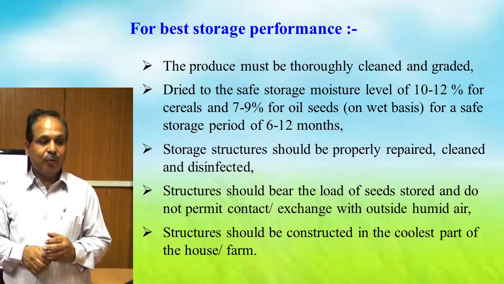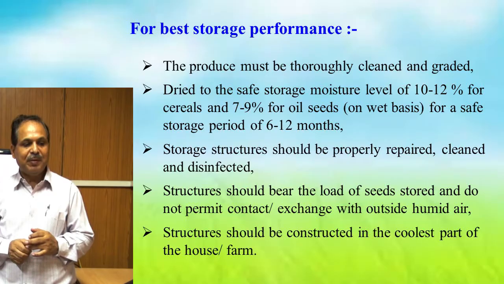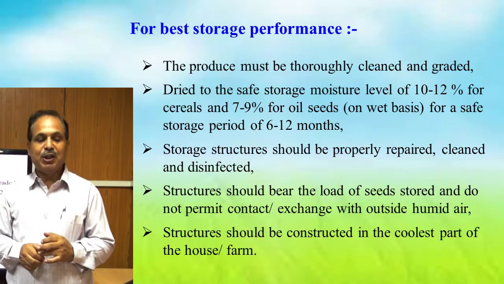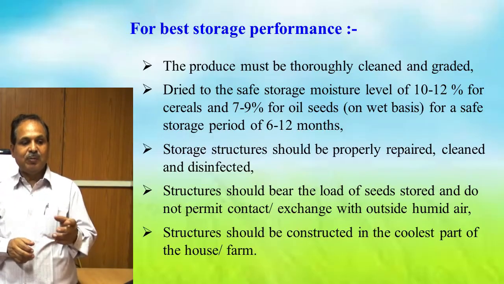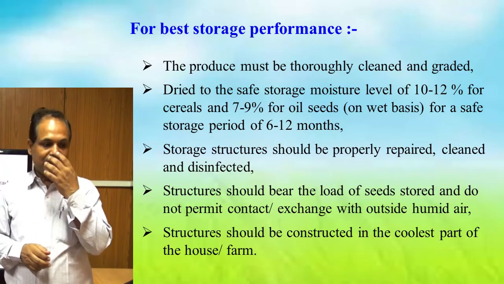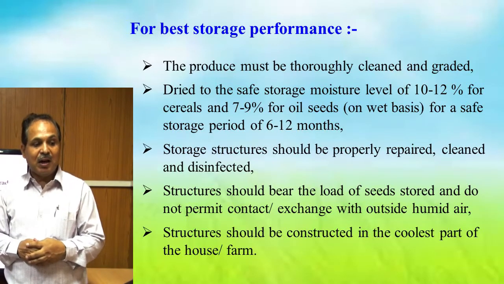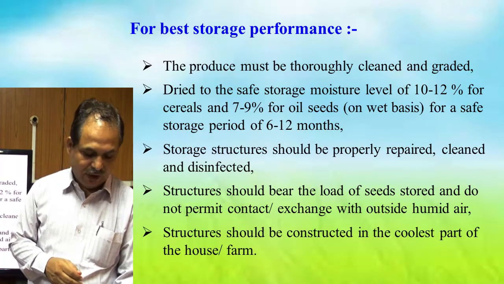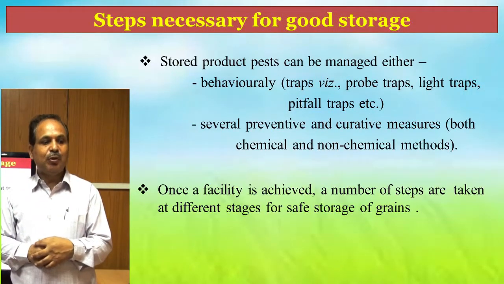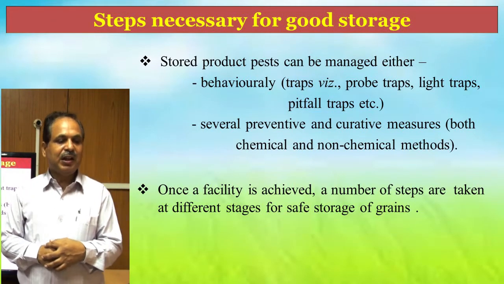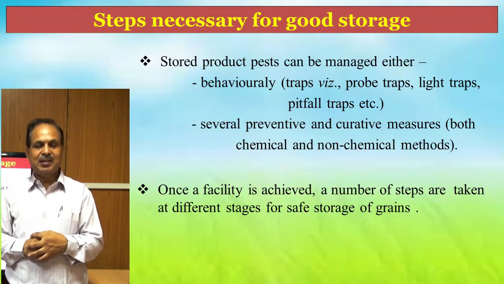The structure of warehouses should bear the load of seeds that are stored and not permit contact exchange with the outside humid air. There should not be any infiltration of humid air into the warehouses. The structure should also be constructed in the coolest part of the house or the farm. The steps necessary for good storage include that stored products and stored product pests can be managed.